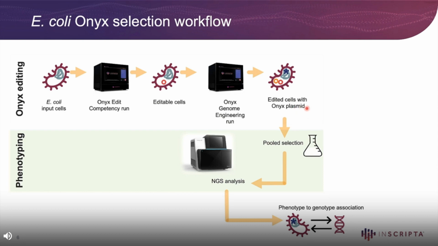These cells are then able to go through a selection experiment. After the selection, you will extract the genomic DNA from your cells, and then they will be sent for NGS sequencing, and that data will be analyzed. This is what will allow you to make the association between the phenotype and the genotype.